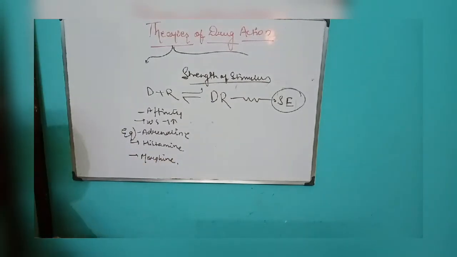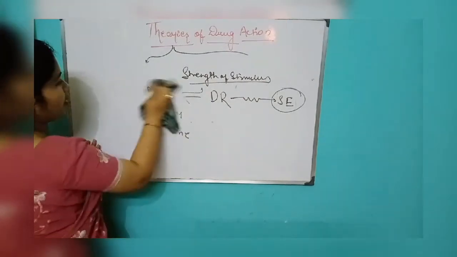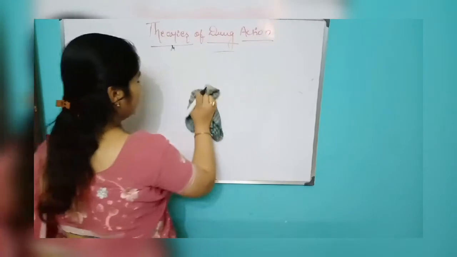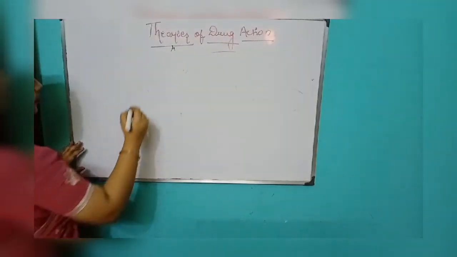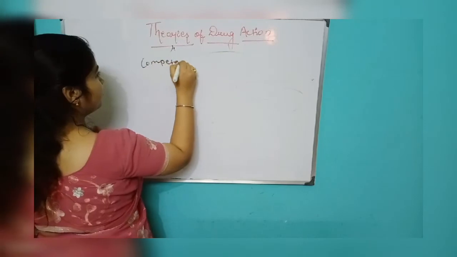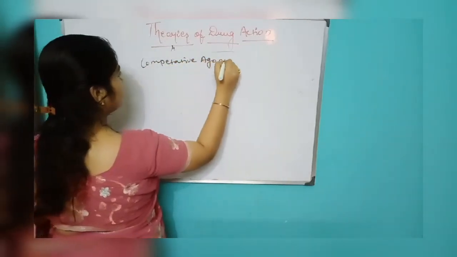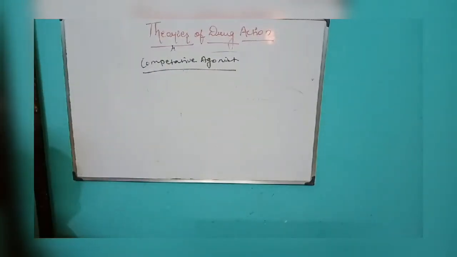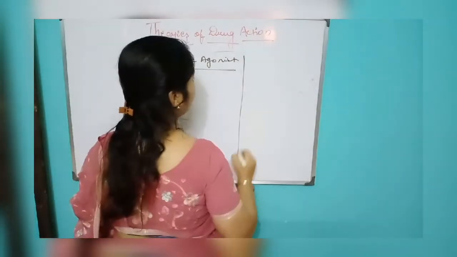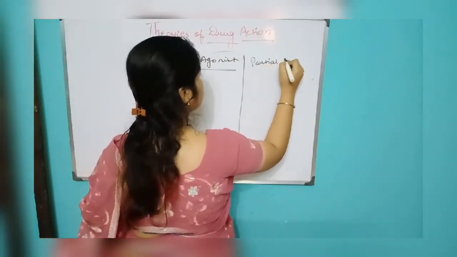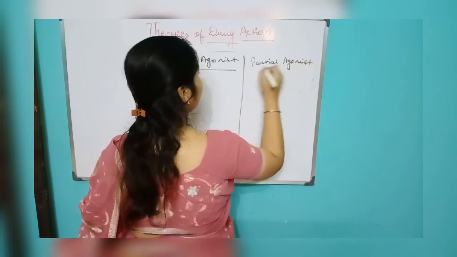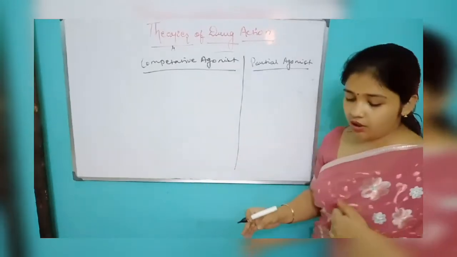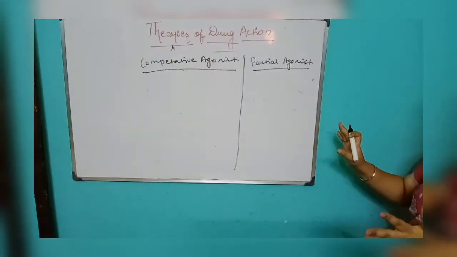Now come to the competitive agonist. This all comes in the theories only. I am telling you side by side about the competitive antagonist and the partial agonist. This all comes in your receptor theory only; we haven't touched the two-state receptor model yet.